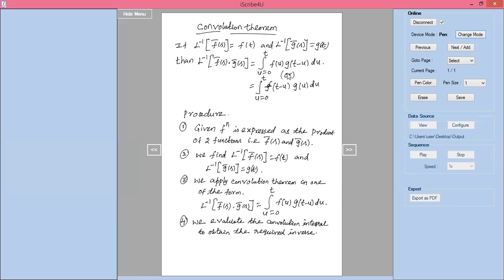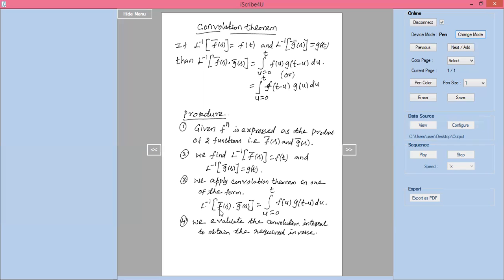I will explain one more time. Procedure. First they will give a product of two functions. One function I will take as f bar of s, another as g bar of s. I will find L inverse of f bar of s, that is f of t, and L inverse of g bar of s is g of t. We apply the convolution theorem in one of the two forms I told, either this form or that form.